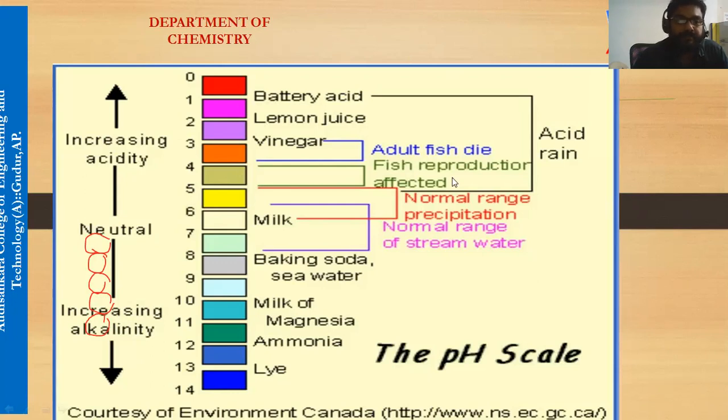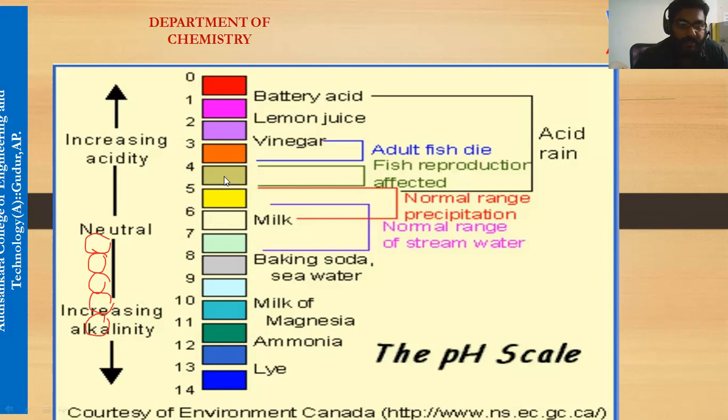Below 7 is acidic nature and above 7 is more basic nature: 8, 9, 10, 11, 12, 13, 14, and 6, 5, 4, 3, 2, 1, 0.